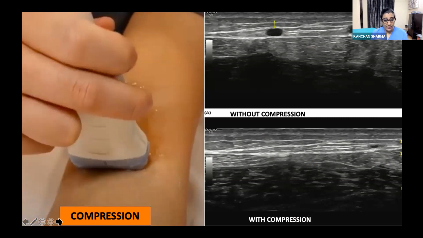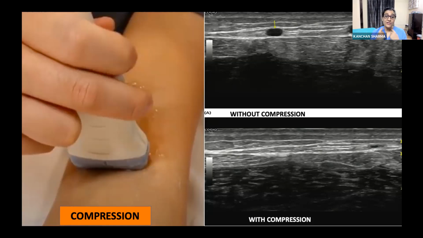Always remember one thing: if your structure of interest is in the subcutaneous tissue, for example when I'll be showing you the lower limb nerves, we will be looking at the short saphenous vein and great saphenous vein, and we know they lie in the subcutaneous tissue plane. Our structures of interest, like the sural nerve and the saphenous nerve, lie close to the vein.